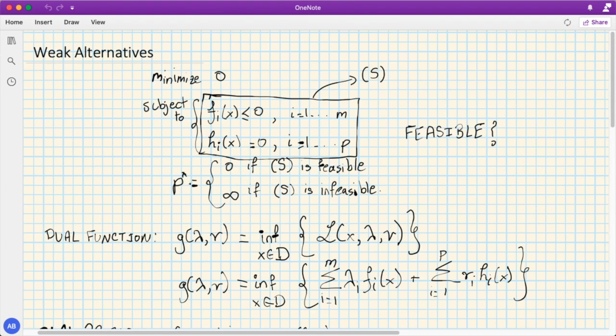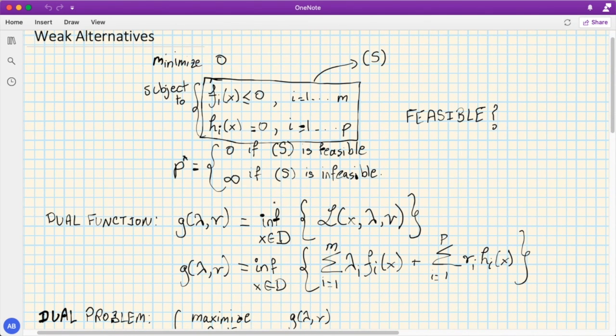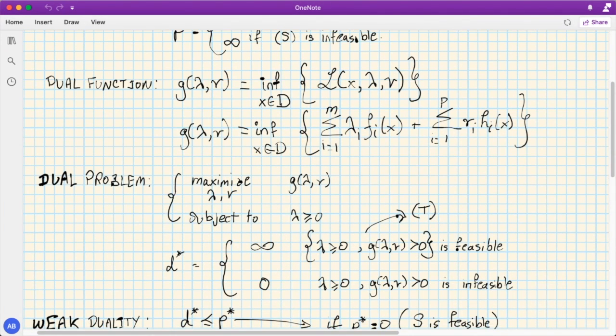It returns 0 if S is feasible, else it returns infinity if S is infeasible. So we wrote down the dual function and the dual problem to arrive at D star, which is itself another indicator function. It's 0 if T is infeasible, else it's infinity if T is feasible.